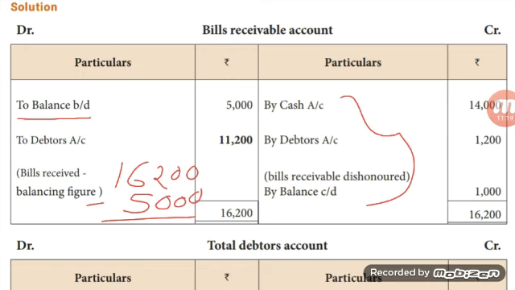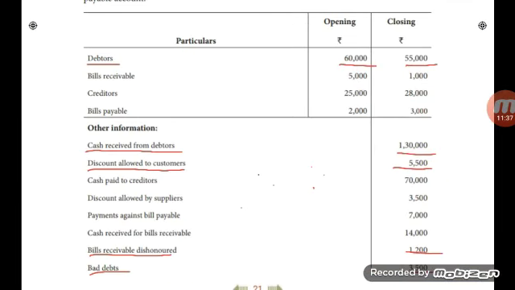Okay, the next step, calculation of total debtors account. Draw the account. Children, debtor is an asset, so enter the opening balance on the debit side and all other items on the opposite side, the credit side. See the question.